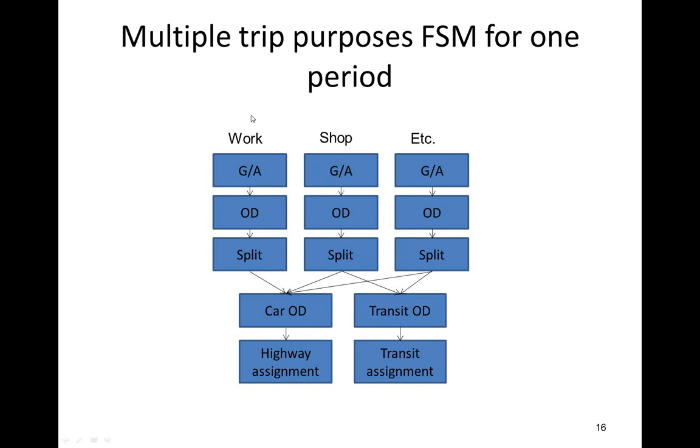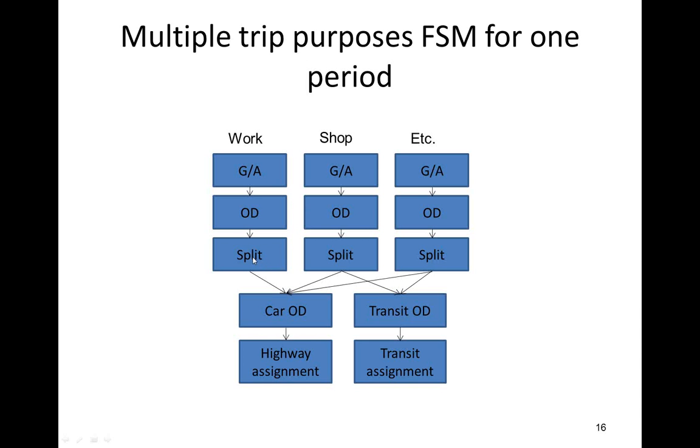Now, we of course have different trip purposes, as earlier mentioned, and there are work trips, shopping trips, and others like going to school, going to business, etc. Each type of purpose will have its own generation and attraction model, an OD model or trip distribution model, and mode choice or mode split model.